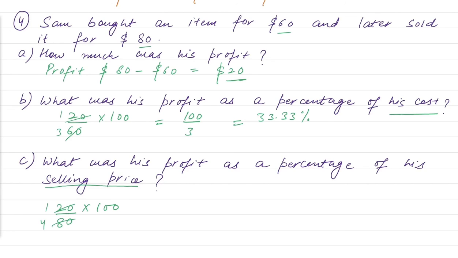Now 2 ones are 20, 2 fours are 80, and 4 ones are 4, 4 twenty-fives are 100. So 25 times 4 is 100, which is equal to 25%. So we're left with the answer 25%. So in this way we can solve percentage problems.